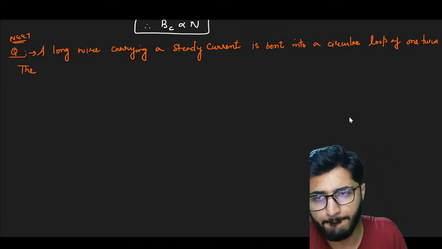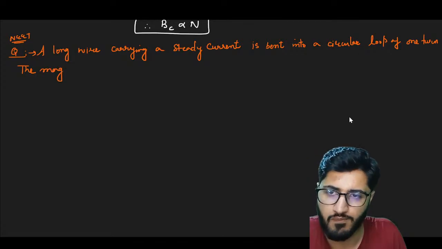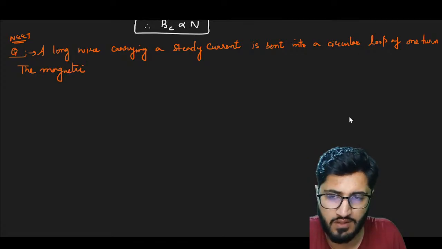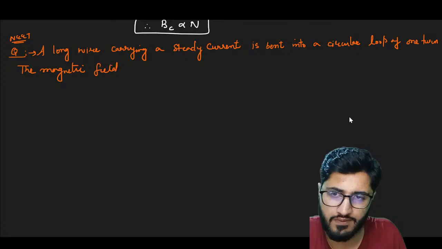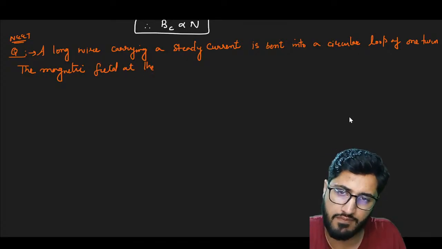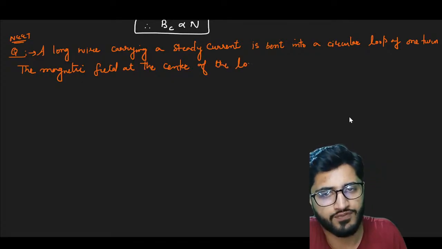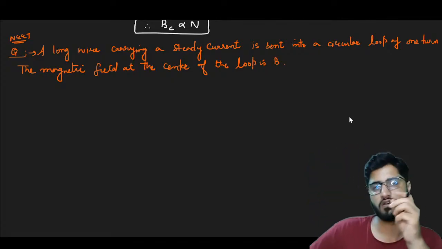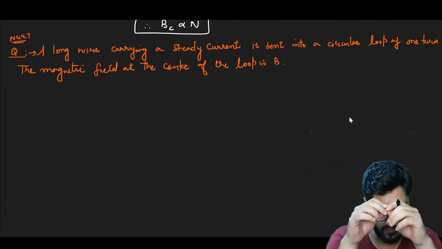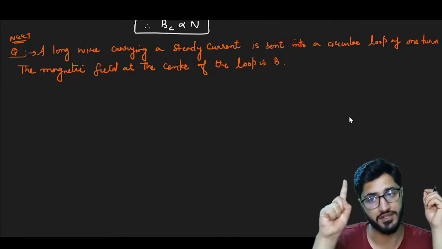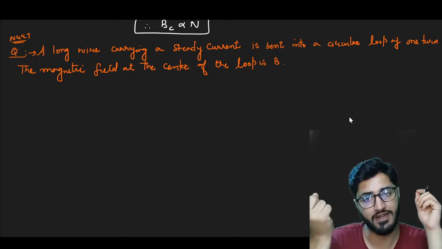The magnetic field at the center of the loop is B. That means we have a wire. We now bend this wire with only one turn, and we find the magnetic field at the center is B only.